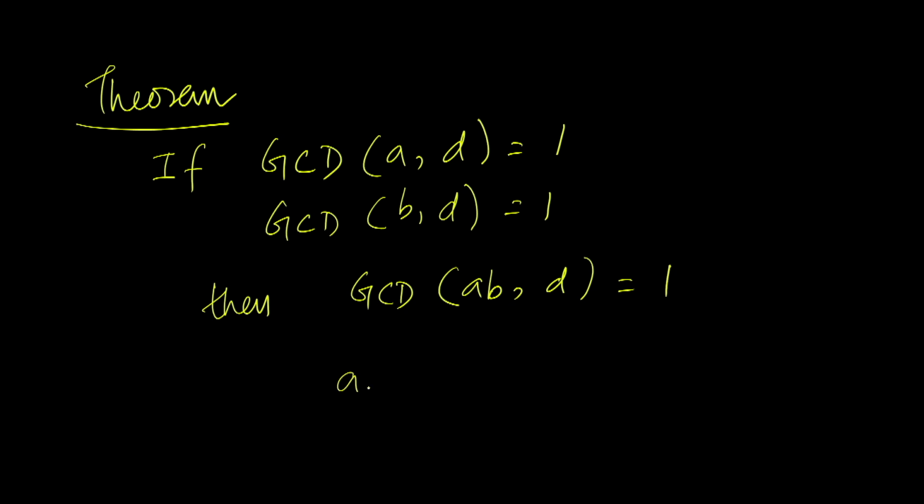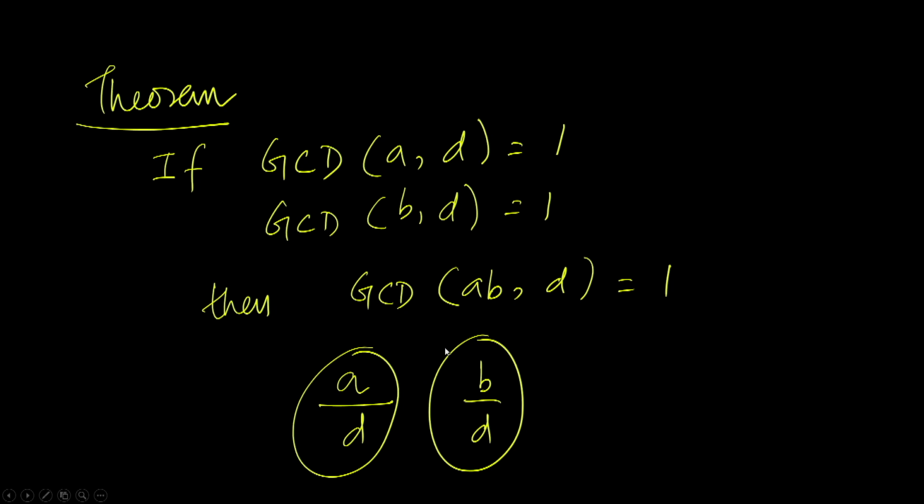In other words, look at the fraction A by D. You cannot reduce this fraction anymore. A and D do not cancel. Similarly, B and D also do not cancel. B and D do not have common factors other than 1. Therefore, if you consider AB by D, then D cannot cancel against AB. D and A do not have common factors, D and B do not have common factors other than 1. Therefore, D and AB also will not have common factors other than 1. Of course, intuitively clear to you, but how do you prove it?